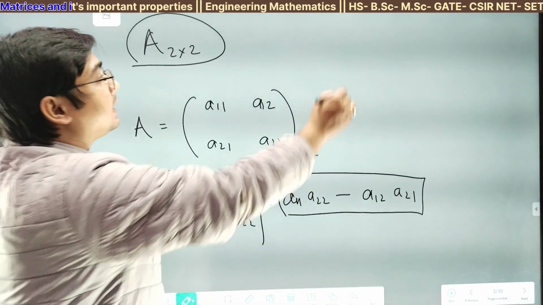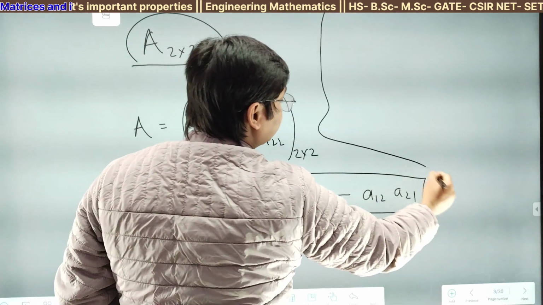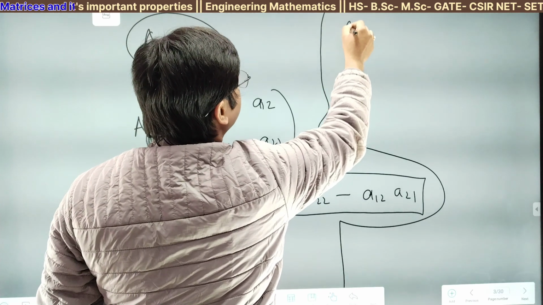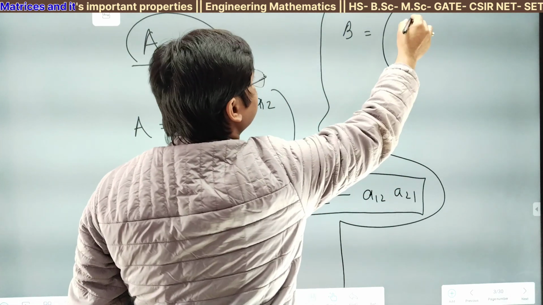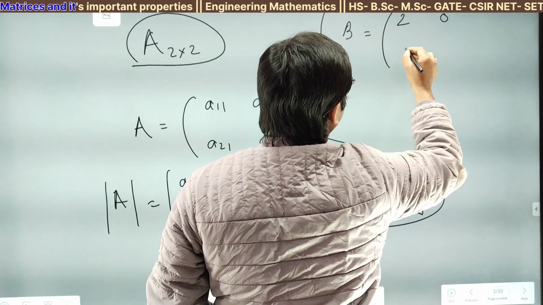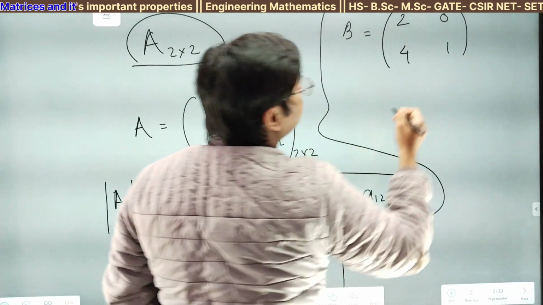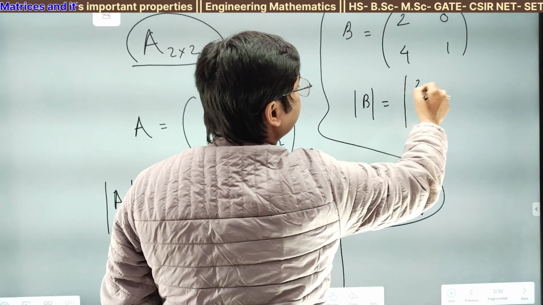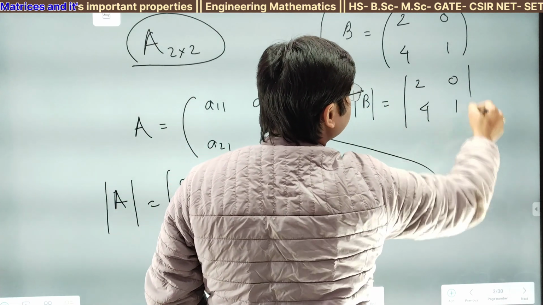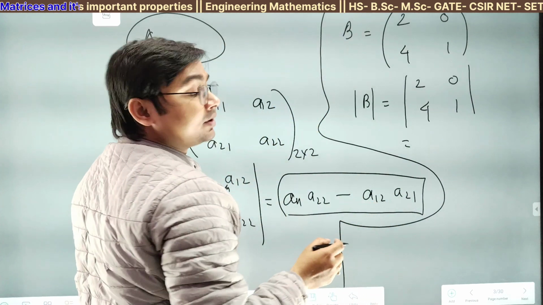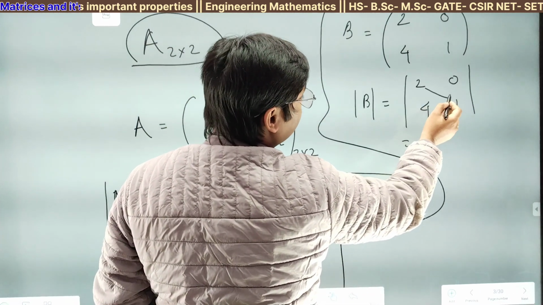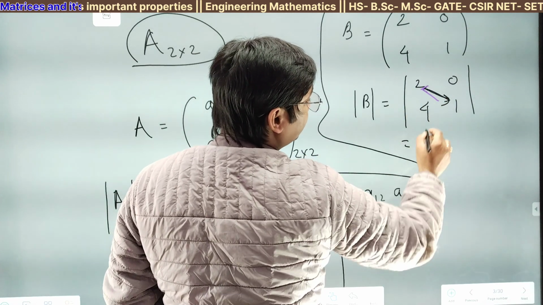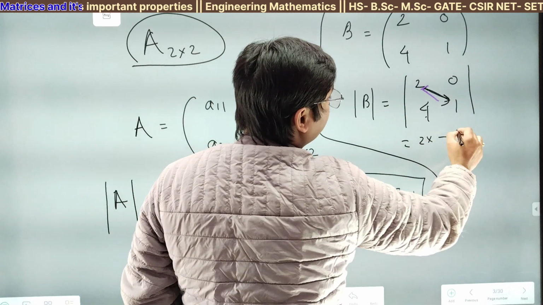Now I will consider another matrix whose entries are some numbers. Suppose we consider a matrix B whose elements are 2, 0, 4, 1. What will be the determinant of B? Using this rule, just take the product: 2 into 1 minus 4 into 0.